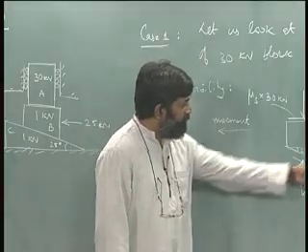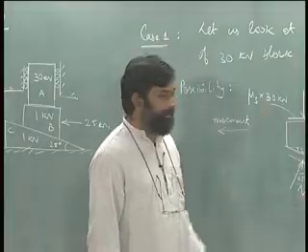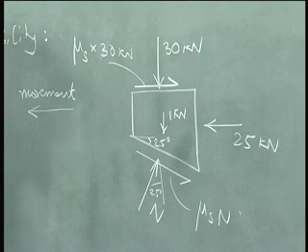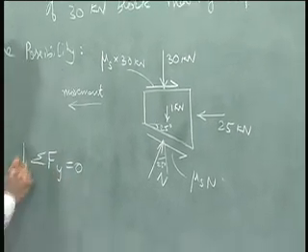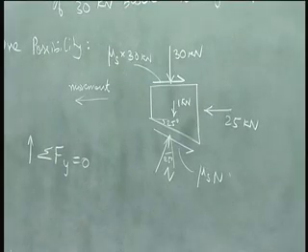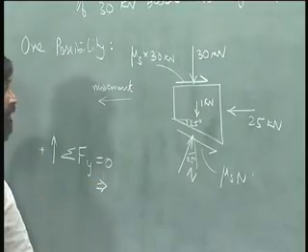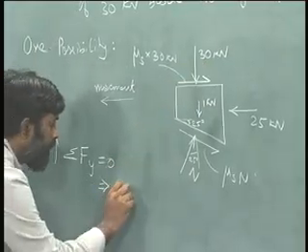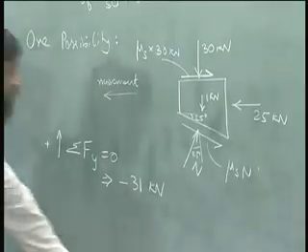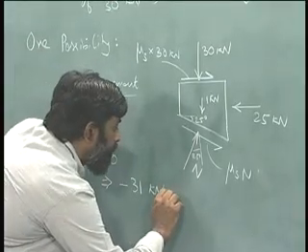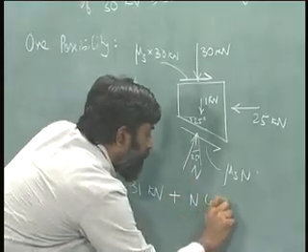Vertical components: 25 does not take part, mu s n and n will take part, 30 kilonewton will take part, 1 kilonewton will take part. So, again I will write, I can take upward direction to be positive. This implies that I have 30 plus 1, minus 31 kilonewton downward, plus n times cos 25.